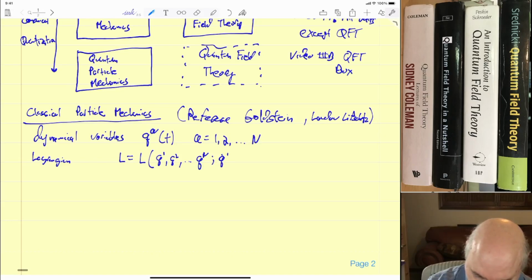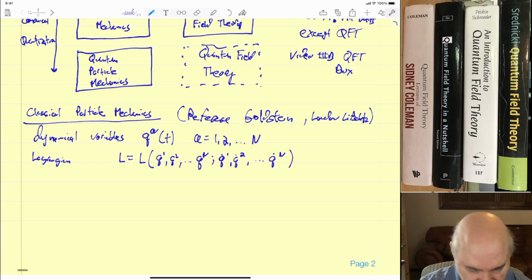And we'll do time derivatives with dots. It's not that the Lagrangian can't be a function of second derivatives or third derivatives, etc. It just leads to more complicated equations and hasn't really found much use in physics, so we'll keep it simple.